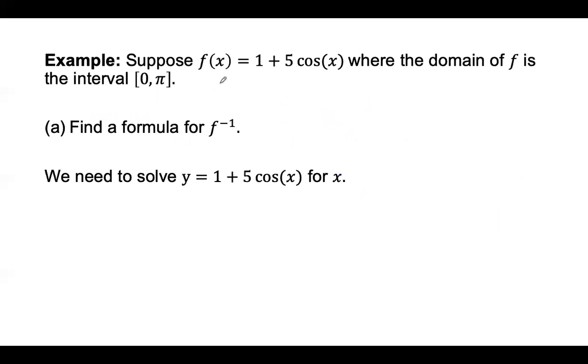Now, suppose we had, as an example, 5 times cos of x plus 1 is equal to this function, where the domain of this function is the interval between 0 and pi. Find a formula for the inverse.